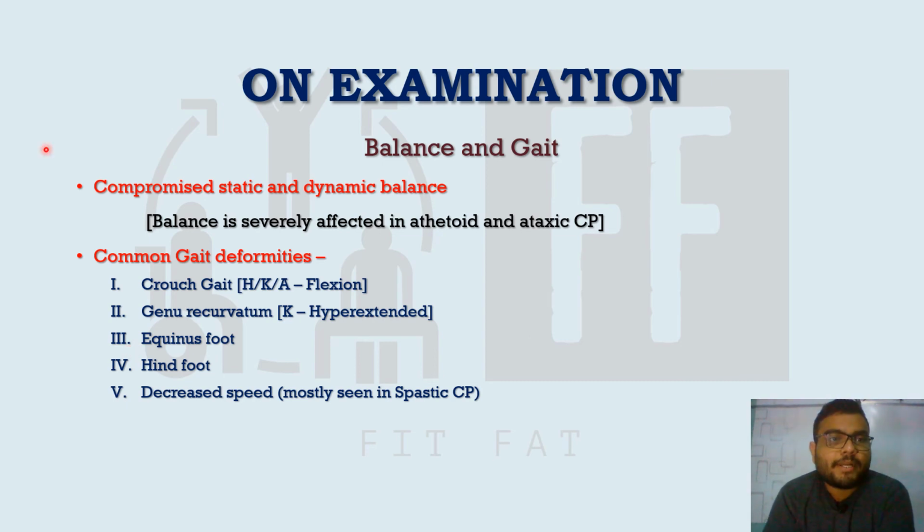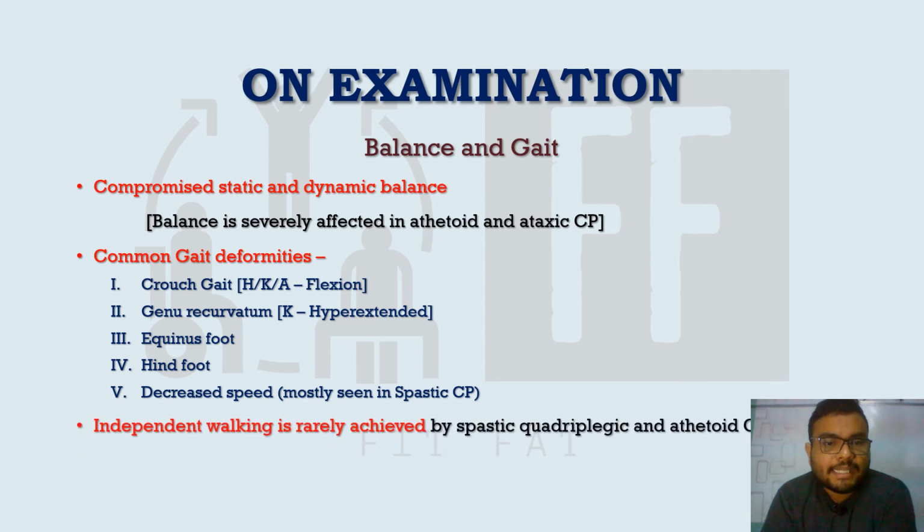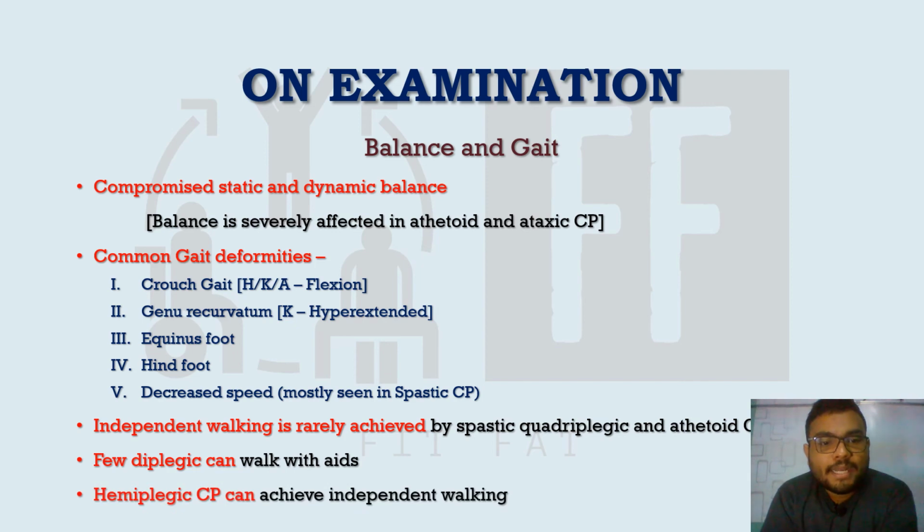Now remember, there are some theoretical points about walking. Independent walking is rarely achieved by spastic quadriplegic and athetoid CP. Few diplegic children can walk with walking aids, whereas in hemiplegic CP, they can achieve independent walking.